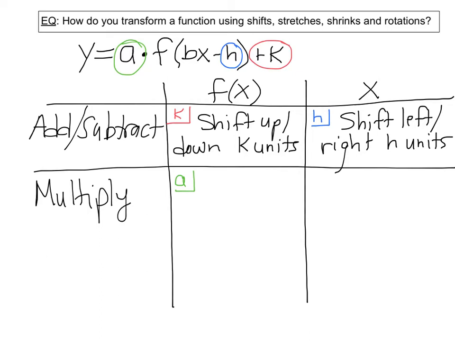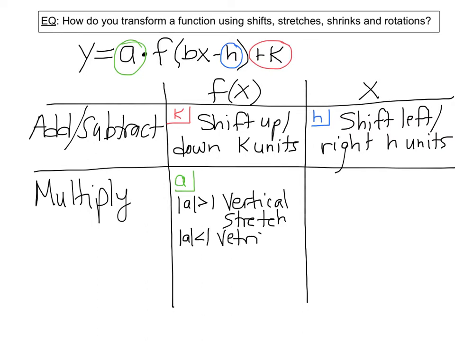Well, if the absolute value of a is greater than 1, this causes a vertical stretch. And if the absolute value of a is less than 1, this causes a vertical shrink to the graph.